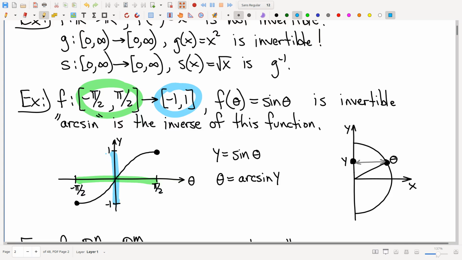For every green, there's exactly one blue, and vice versa. So exactly what you need. And so this function here, restricted domain and restricted target, is invertible. And you have to get upset about these seemingly micro trivialities in order to even be able to talk about arcsine. Arcsine is the inverse of this function.